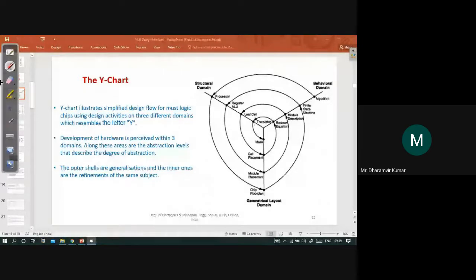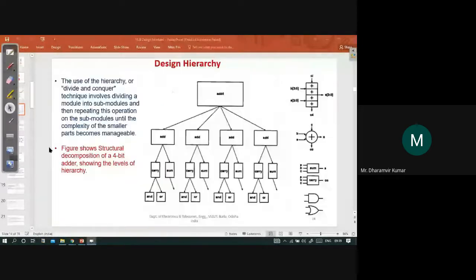And then we had seen one example of design hierarchy, what design hierarchy is, and how it is applied to decompose a complex design into simpler ones, to design a big system.